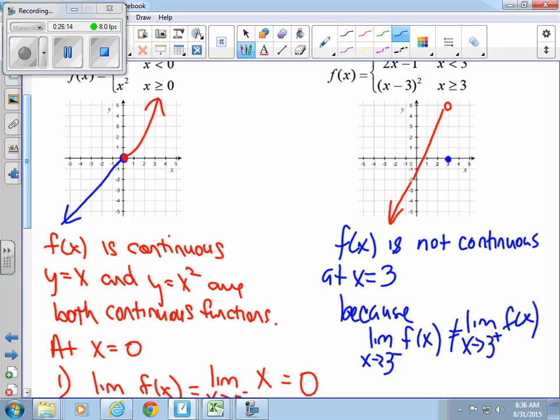So finish the graph. It looks like this: a parabola with a line to the right of 3.